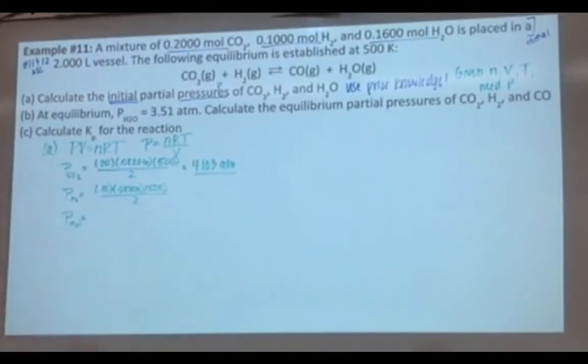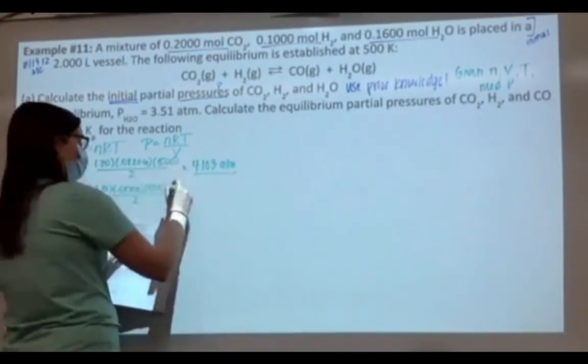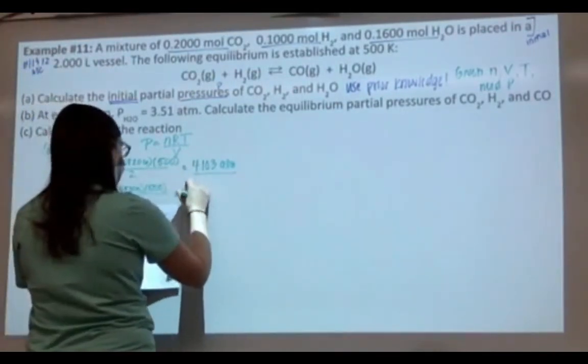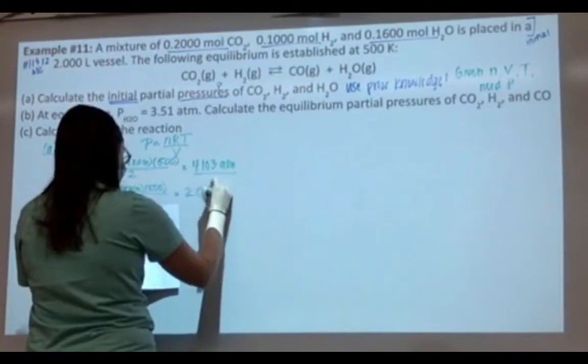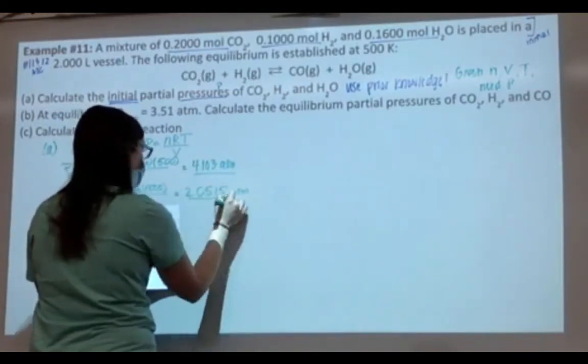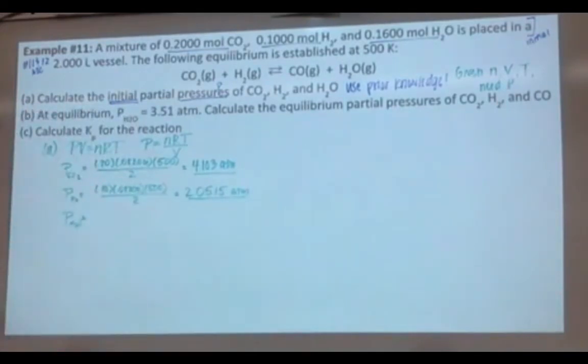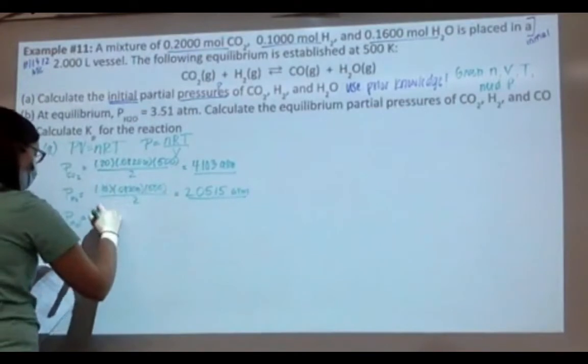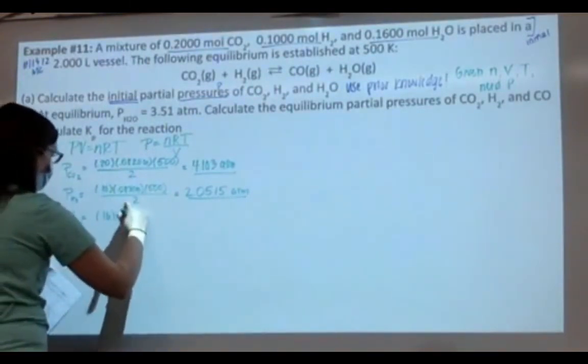Well, it's half of the number of moles, so we should expect it to be half of the pressure of CO2. 2.0515 ATM. There's H2. And then H2O, 0.16 moles was placed into a container.